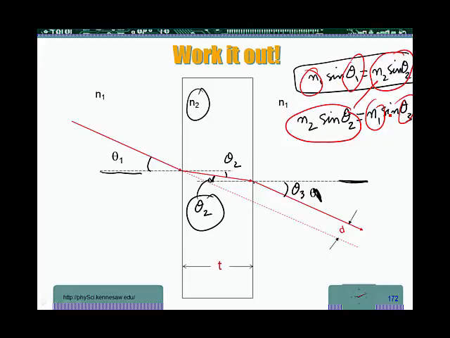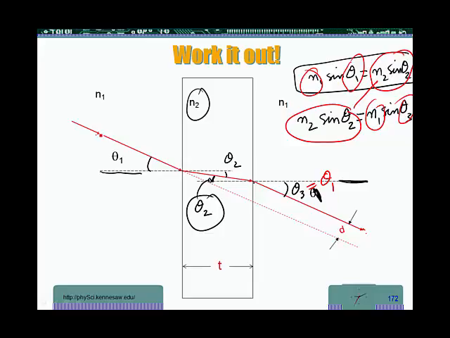That tells me that theta 3 is actually equal to theta 1. And that tells us that the emergent beam is going to be parallel, or in the same direction, as the incident beam. Okay, that's good.